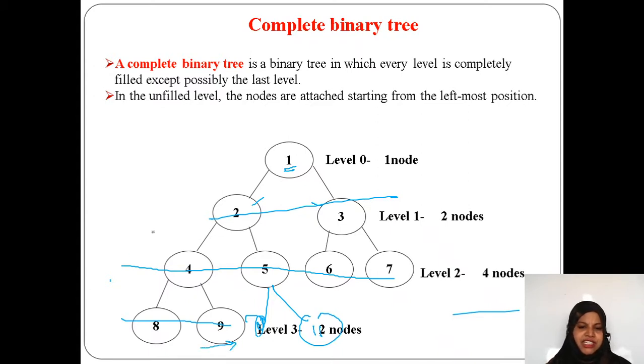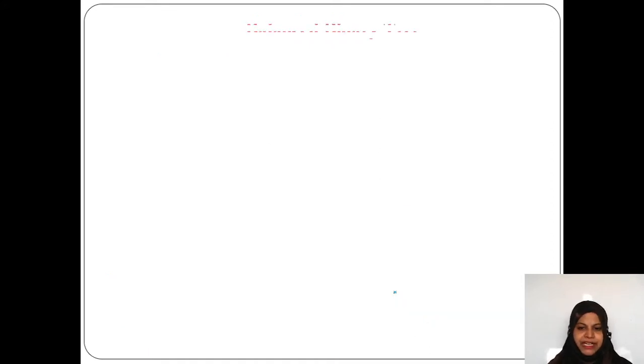So this is also a complete binary tree. For example, if I add a node 18 here, this is not a complete binary tree. Why? Because first we have to add these two, then this one, and only then can we add this node. We can't add 18 directly, right? So this is the complete binary tree.